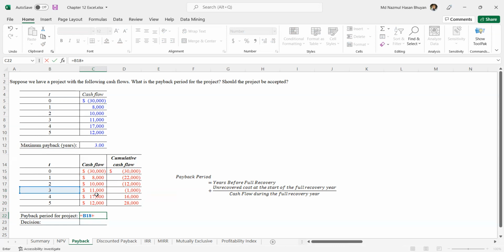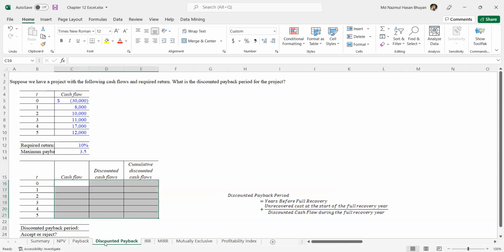At the beginning of the full recovery year 4, you still have $1,000 left to be recovered. So the absolute value of our unrecovered amount over our cash flow in the full recovery year, which is $17,000. Hit enter. You can see here, in this case, you are going to get your money back in 3.06 years. So here you should reject the project.